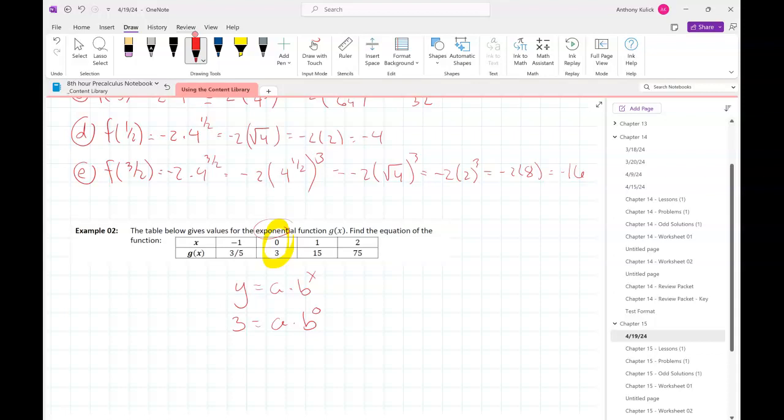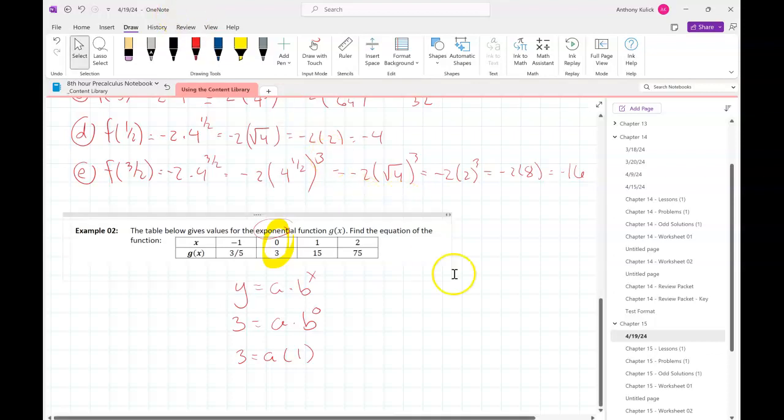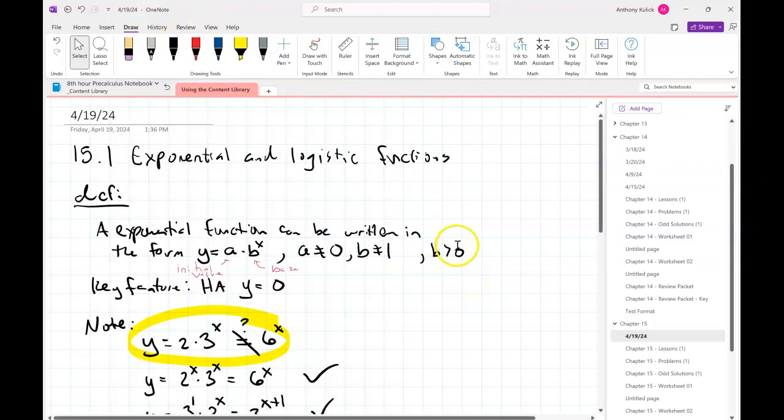Everybody's okay there? What's b to the 0? Well, careful. How do I know that b can't be 0? Because 0 to the 0 is undefined. Do we know that b can't be 0? Not because y equals 3. Because it's an exponential function, right?